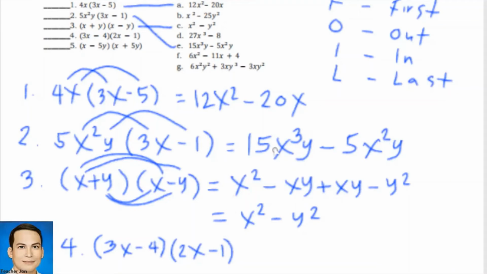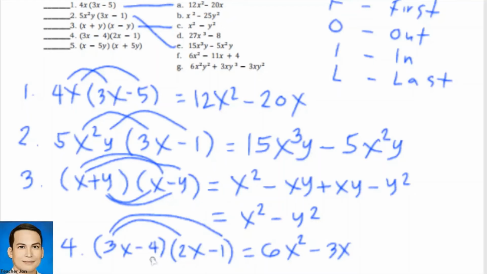Again, we are going to apply this distributive property, or what we call the FOIL method. This is intended for binomial to binomial. Let's have the first terms, 3x times 2x. So 3 times 2, we have 6, and x times x is x squared. Then the outer terms, 3x times negative 1, that becomes negative 3x.